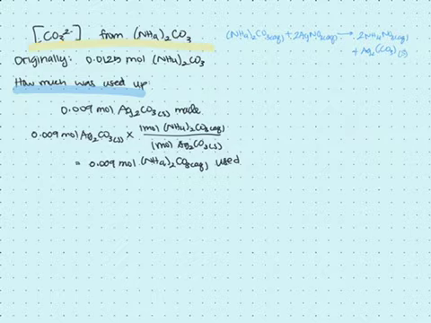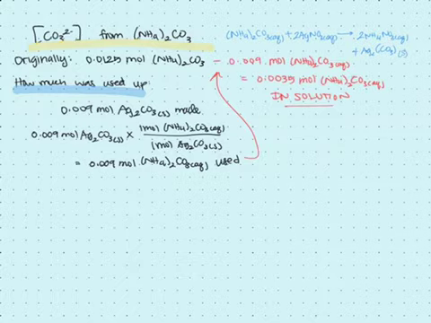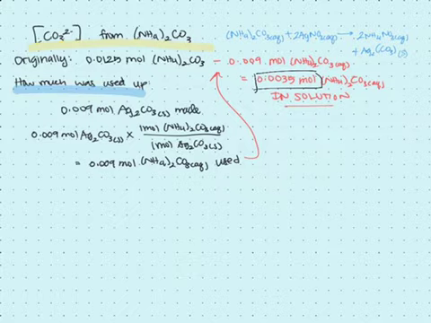In this case, it is a 1-to-1 ratio of ammonium carbonate and silver carbonate. So therefore, 0.009 moles of ammonium carbonate was used in the reaction. Then we subtract the moles of ammonium carbonate put in minus what was used up to find that 0.0035 moles of ammonium carbonate is left over in solution.